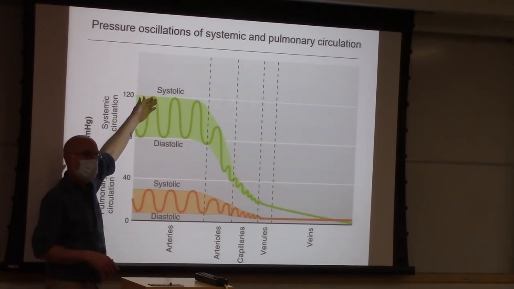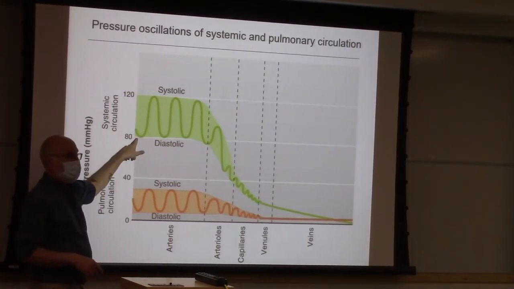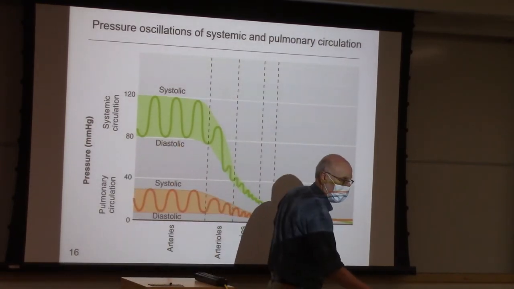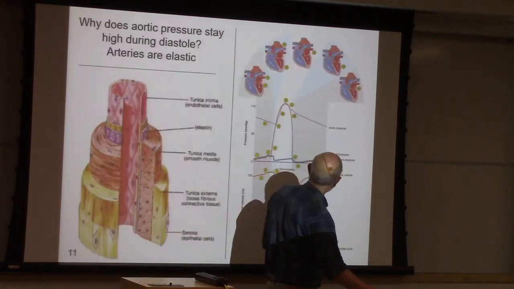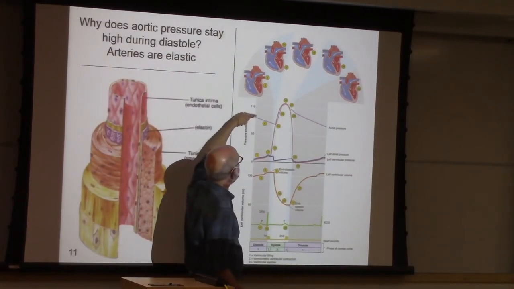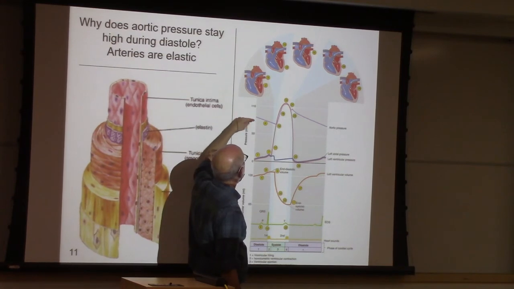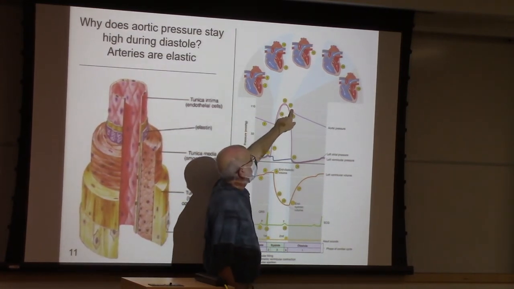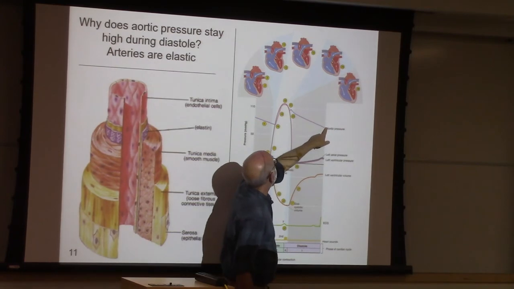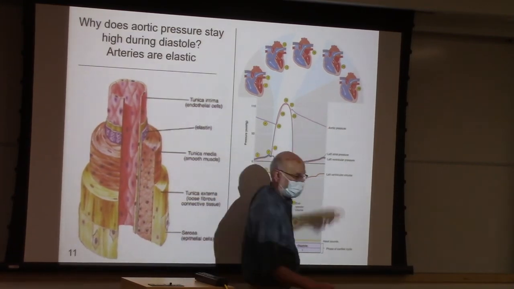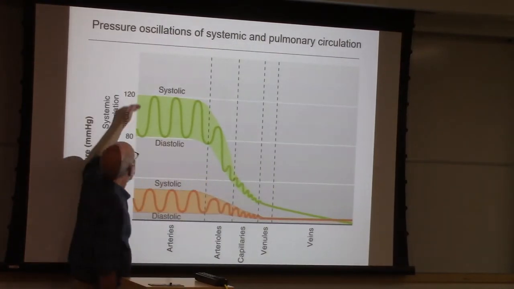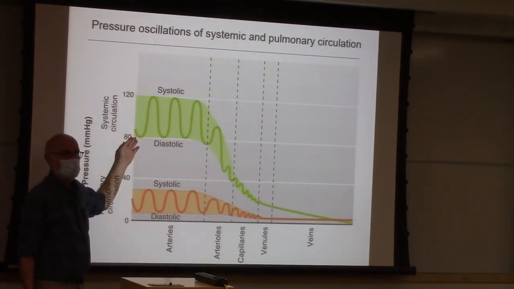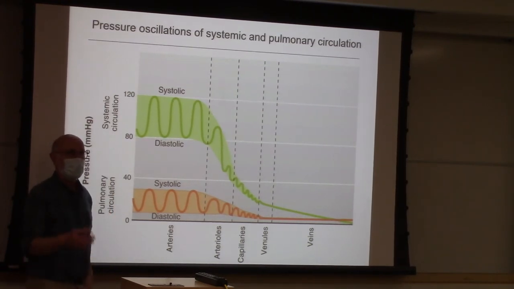No, typical. 80 is the low, diastolic. So 110 over 70 is nice, healthy, low blood pressure. 120 over 80 is a little high for someone your age, pretty good for someone my age.